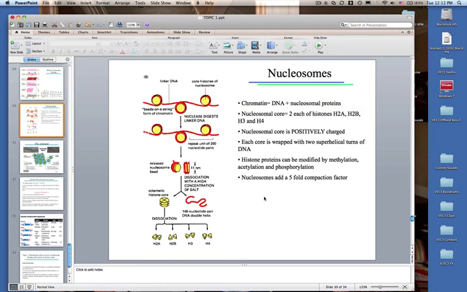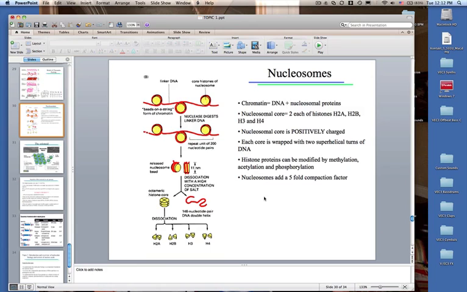The thing that's important to remember is that these histone proteins are super malleable in terms of how they can be modified. They can be phosphorylated or acetylated or methylated.